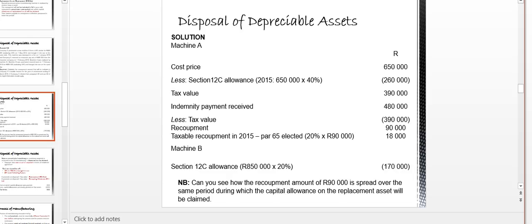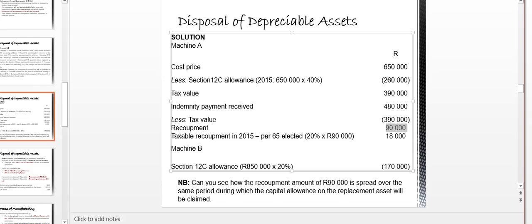But then this asset got destroyed and we received a payment of 480,000 Rand. So we take this 480,000 Rand less the tax value when it was destroyed. What did we make? We made a gain on this destroyed asset of 90,000 Rand. So we made a recoupment of 90,000 Rand.